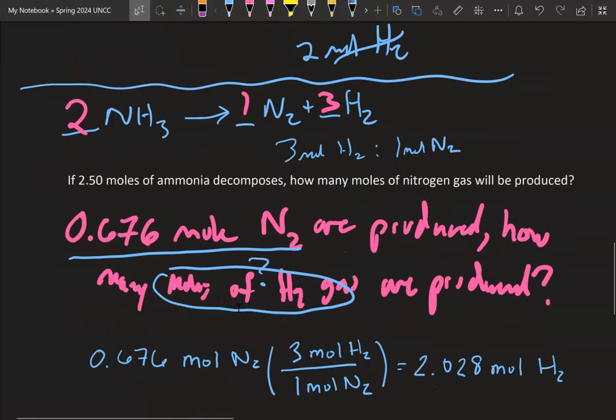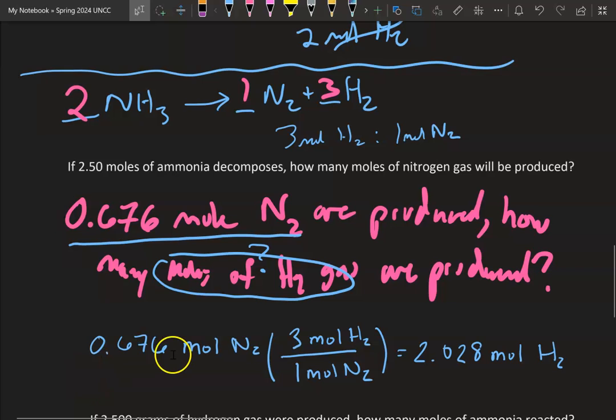Writing this out, you have 0.676, we're going to multiply by 3. Now notice that the moles of nitrogen are going to cancel out here. So those go away, and that leaves you with 2.028 moles of hydrogen. So that calculation is correct. You can check that on your calculator if you want.